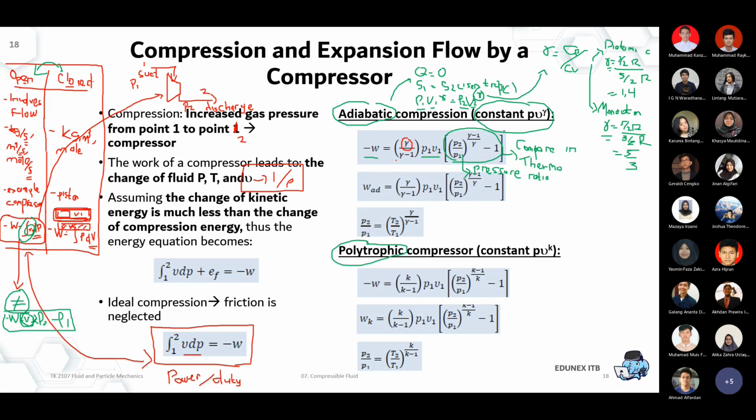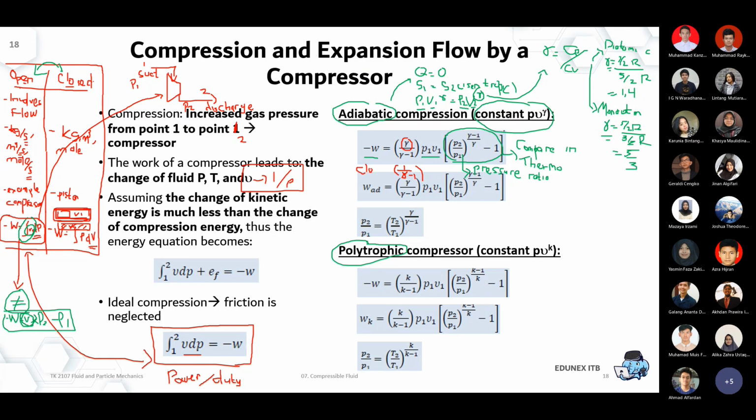When we're working with a closed system, the equation will look like 1 per gamma minus 1, not gamma per gamma minus 1. That's the consequence of the derivation of the formula for the compression duty when we're working with a closed system.